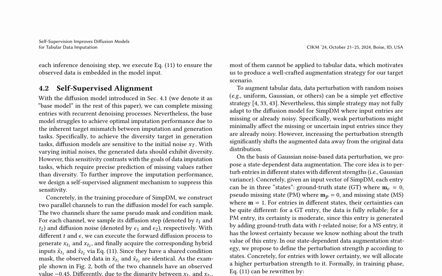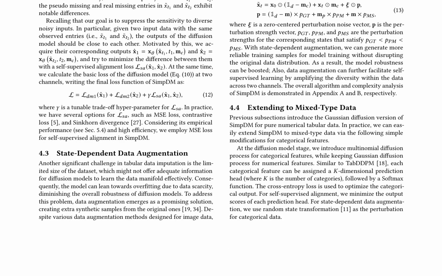This mechanism involves constructing two parallel channels with shared pseudo-masks and condition masks, sampling different diffusion steps and noises, and minimizing the difference between the outputs of the two channels with a self-supervised alignment loss. Additionally, SimpDM employs a state-dependent data augmentation strategy, which perturbs entries in different states with varying strengths, generating more reliable training samples and boosting the robustness of the diffusion model.